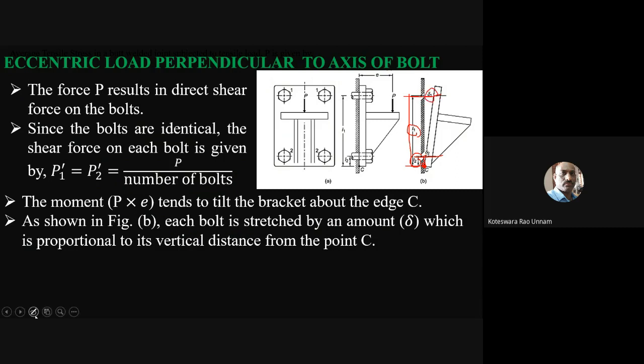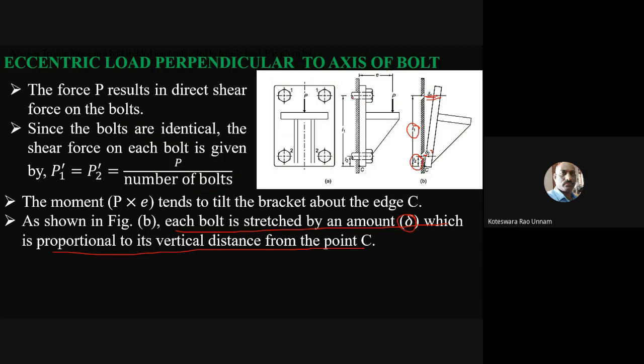From the diagram you can clearly see that. Here delta 2 is only this much, a very small quantity compared to delta 1. Delta 1 is large because L1 is more than L2. So that's the condition: each bolt is stretched by an amount delta which is proportional to its vertical distance from point C. If the distance from point C increases, its delta is also more. And we know delta is nothing but the elongation.